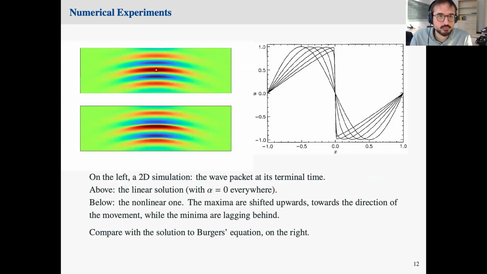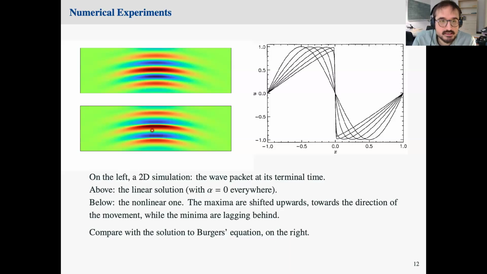So if we want to look at what happens, you can take a look at these wave packets. On the left above, we have a linear solution, so the nonlinearity is 0. And below, we have the nonlinearity activated.